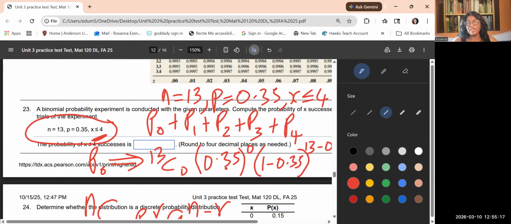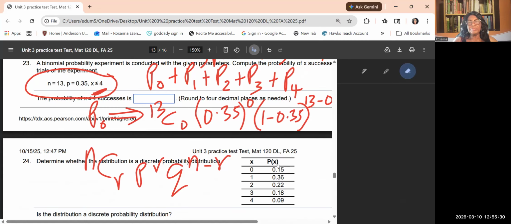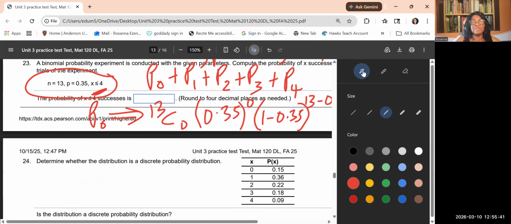Now, when I'm told to find P1, we did it last week, but I just want to refresh your memory again. I know the formula, so I'm going to clear it now. You can do them individually: you find P0, then P1, then P2, and add all of them together.